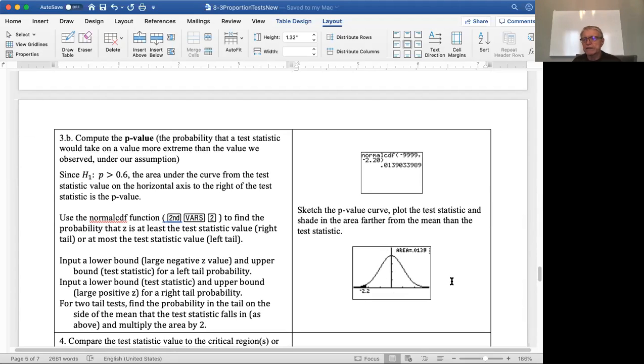Wherever the test statistic is, in this case on the left, we're finding an area underneath the curve to the left, which means the boundaries are from negative infinity up to the test statistic. So we're going to put those two into our normal CDF function, because the p-value is a probability. Let's go find that probability.